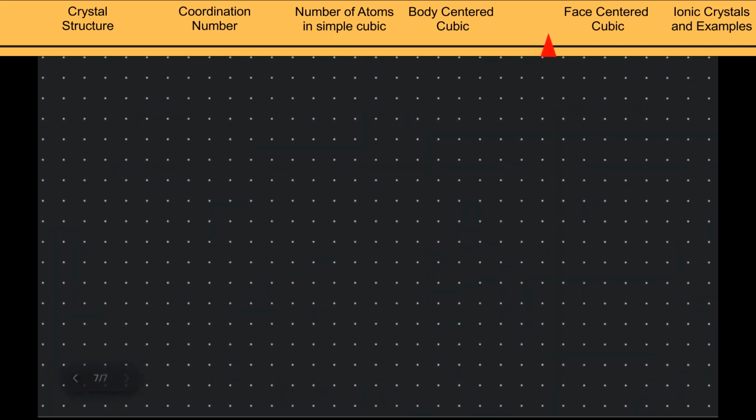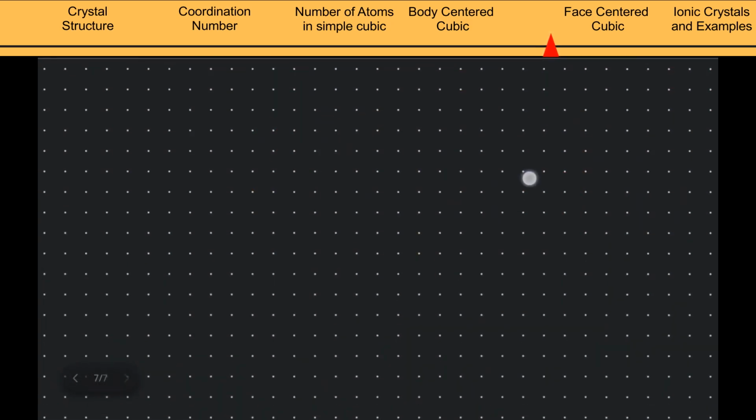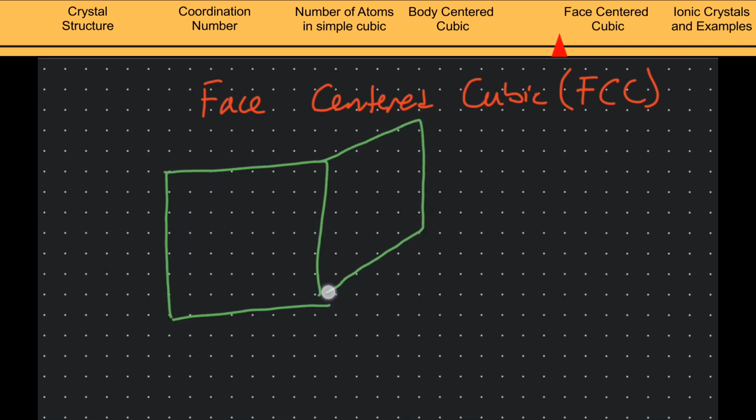And in the last example, I want to show face-centered cubic or FCC. We have a cube again. But here we have corner atoms.